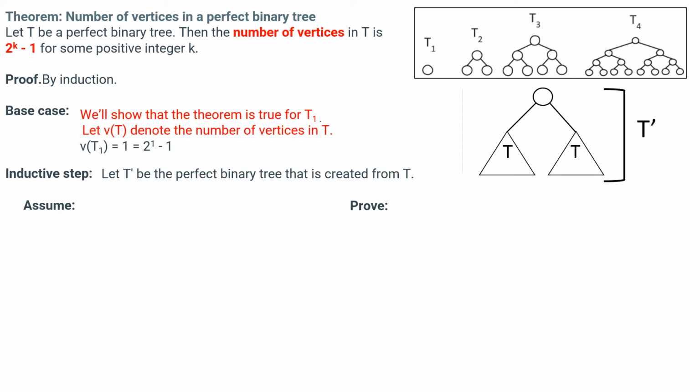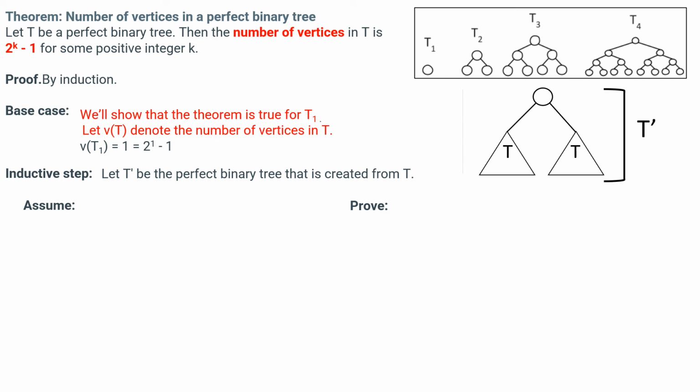That's how I would create a new element in this set of perfect binary trees. So now that we have that terminology, where T is what we're starting out with and T prime is our new tree, we can talk about this in terms of T and T prime. So what would we want to be assuming as part of this inductive step? The assumption would be the inductive hypothesis.